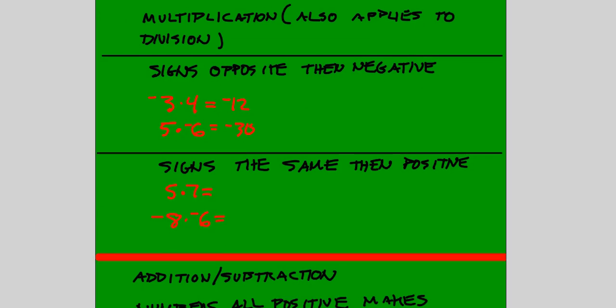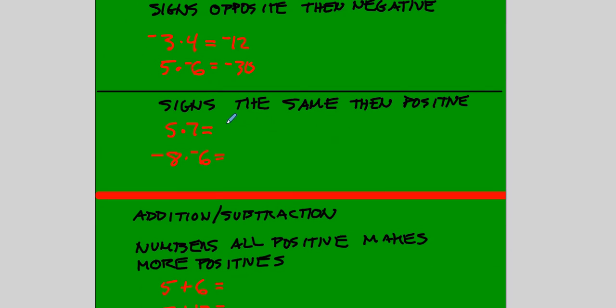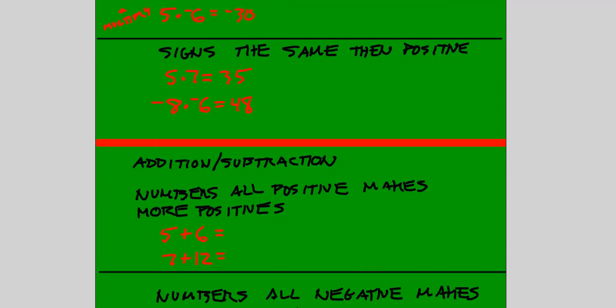When the signs are the same, then it's going to be positive. 5 times 7, both positive numbers, you get 35. Negative 8 times a negative 6, and the dot here means multiplication. Okay, it means multiply. We'd like to use that a lot instead of an x, because an x is often an unknown or variable in algebra, and you can get confused with what's a multiplication sign and what's an x.